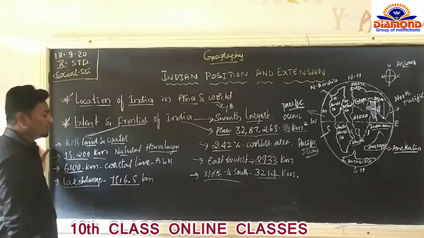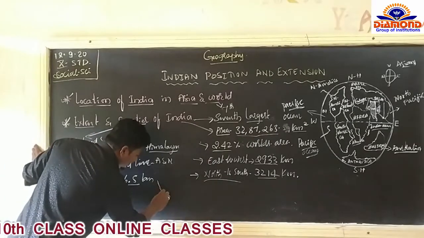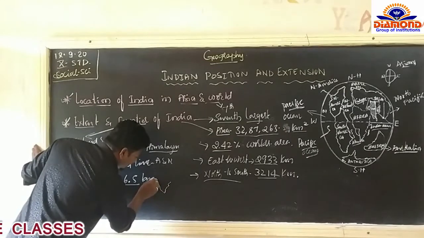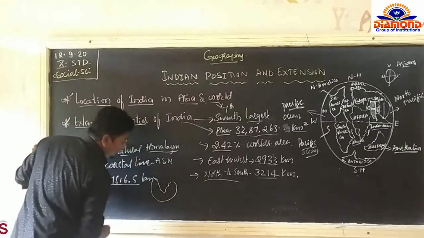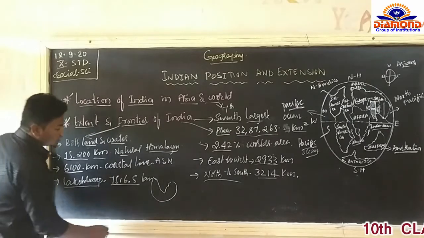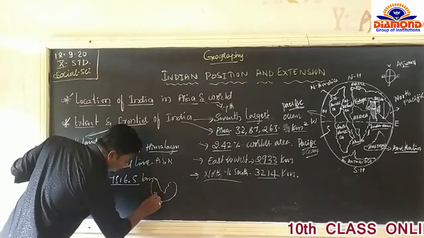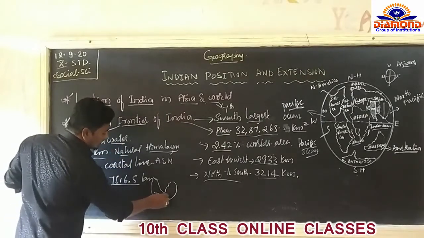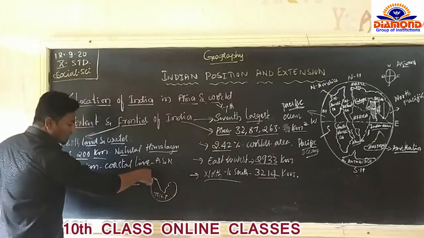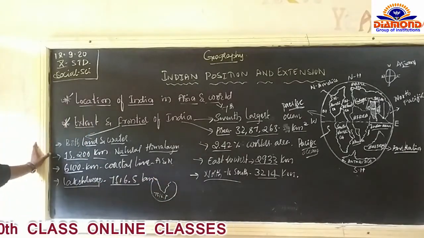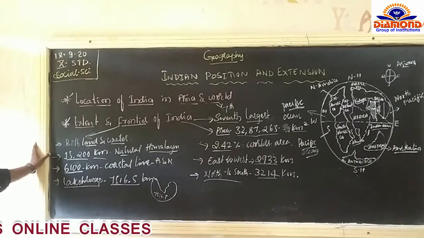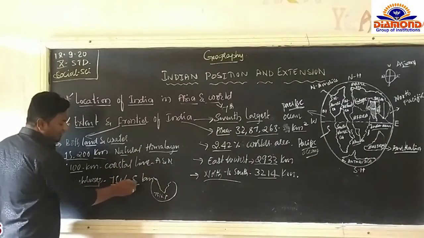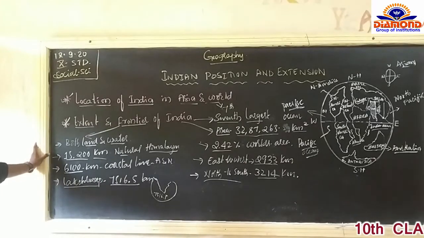This is all the water line area. The total coastal area of India, including Andaman and Nicobar and Lakshadweep, is 7,516 kilometers.